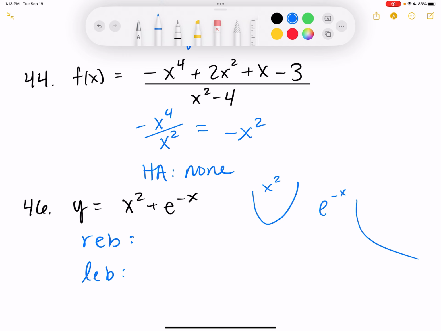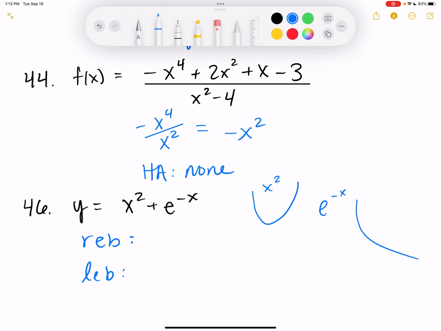It won't always be that they're going to be two different ones, but e to the minus x can only be your left side. So when you have them being added together, I changed my window a little bit here.